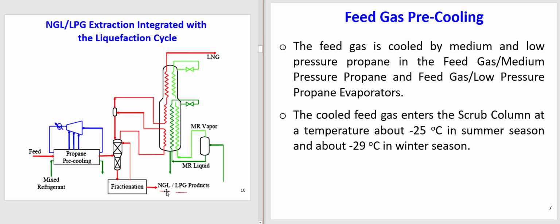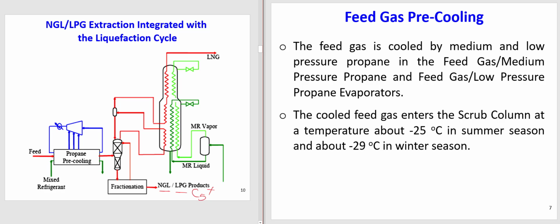From the bottom of the scrubber, we have a stream that is sent to the fractionation unit, where we have the ethanizer, the propanizer, and so on, and the components are separated. At the end we get our benzene and plus C5 molecules, because we don't want to send them to the main cryogenic heat exchanger since the temperature is very low.